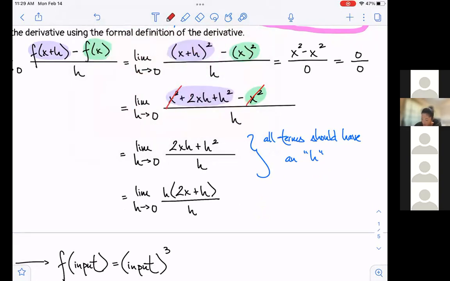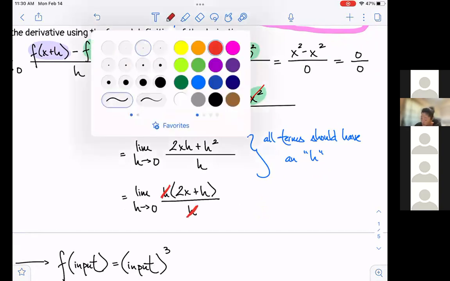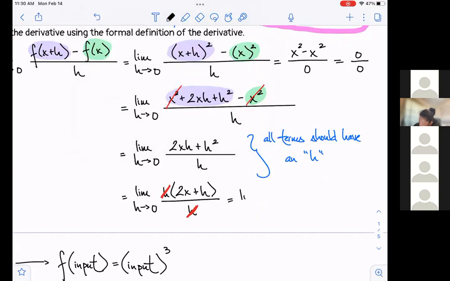And now this h and this h, well, they reduce to 1. Now I have this. Now let's plug in 0 for h.